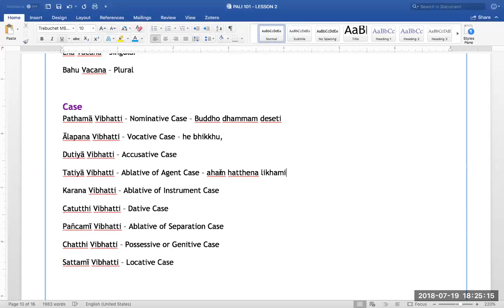I have not included the diacritical marks here. We will learn these things later on. Okay, just in order to understand this concept. So hattena, by the hand, is actually Tatiya Vibhatti.